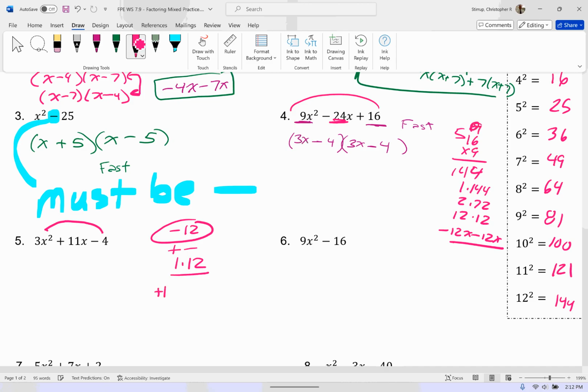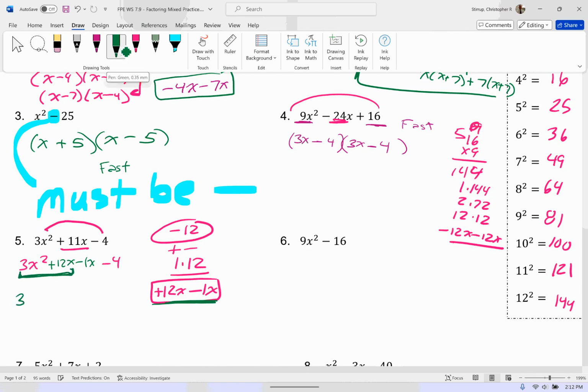So this is going to work. If I go positive 12x minus 1x, does that indeed give me that 11? If I made it a negative 12 and a positive 1, I get a negative 11 there. So then I'm going to bring my ends down, and I'm going to squeeze in the middle this. So whatever order you want, you can maybe go plus 12x minus 1x. So what does it look like I have in common with those first two? 3.